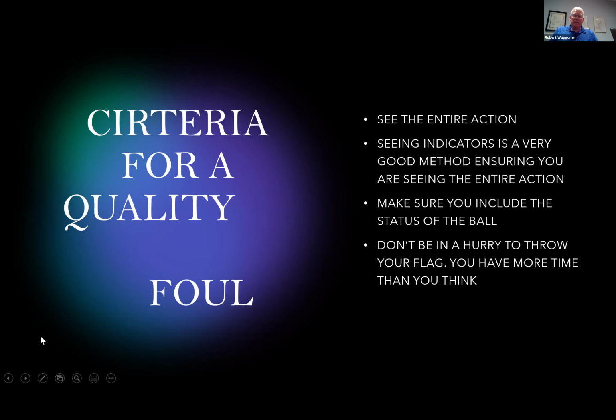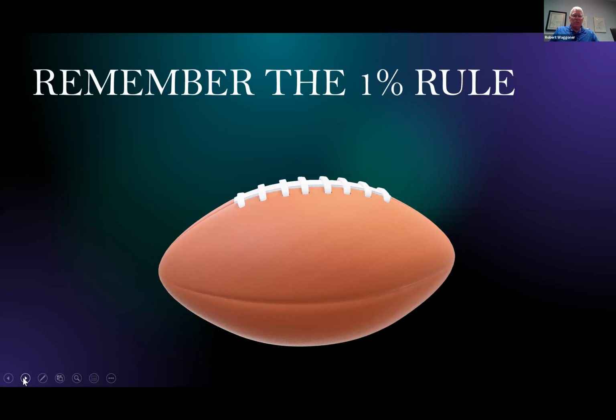And I think in the end, when you decide whether or not whatever action you see is a foul, incorporating all these things will help you immensely. And again, I go back, remember the 1% rule. If you can improve all those things by 1%, that's total 6%. You've just upped your game that much more.